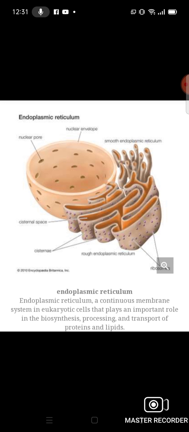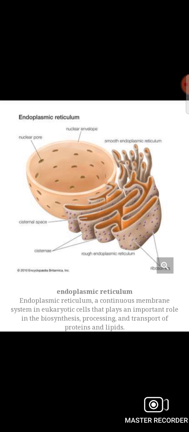And you can see the ribosomes which are present on the surface of the rough endoplasmic reticulum, while on the other side, behind the rough endoplasmic reticulum, there is another type of endoplasmic reticulum which does not contain ribosomes on its surface, and it is called smooth endoplasmic reticulum.